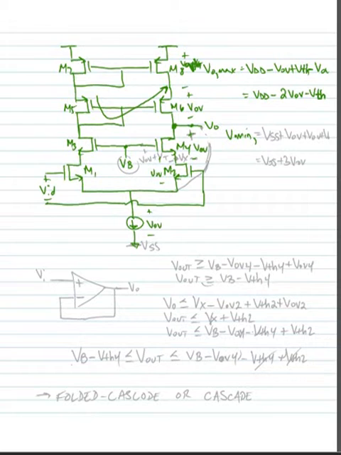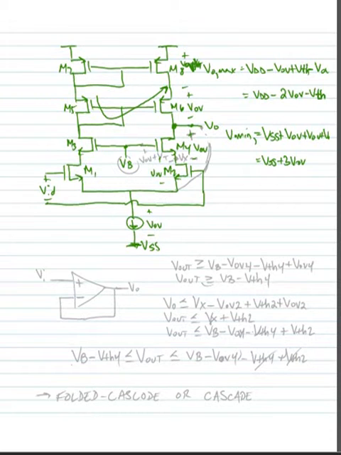So V out min, and let's call this just generically VSS, is equal to VSS plus VOV for the tail current source plus a VOV for M2 plus a VOV for M4. If all the VOVs are equal, we would say that this was VSS plus 3 VOV. That's not necessarily a good assumption, but we're just simplifying things right now.